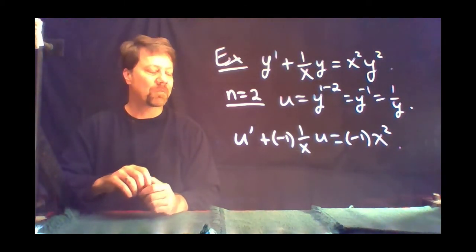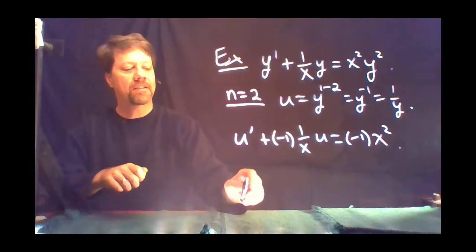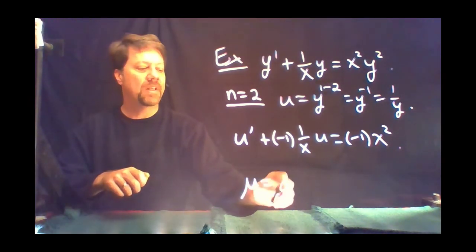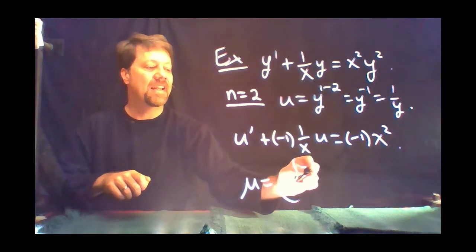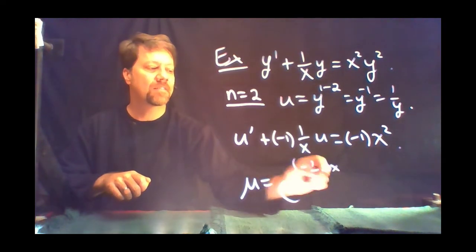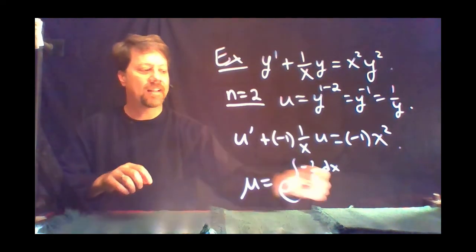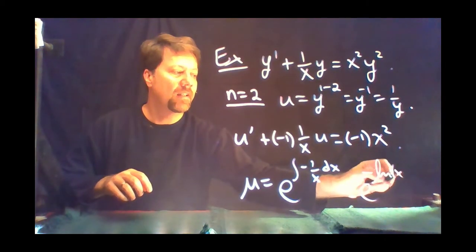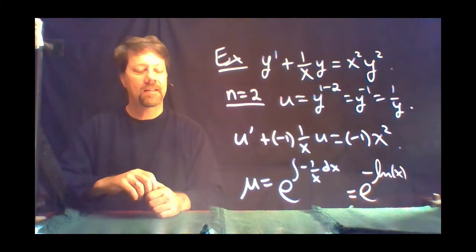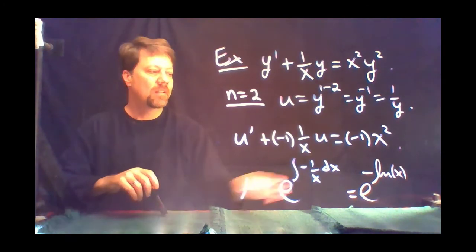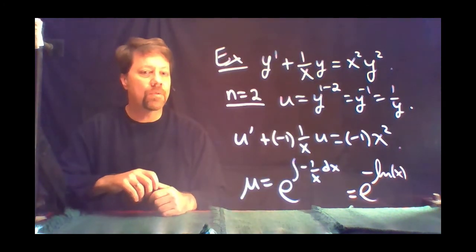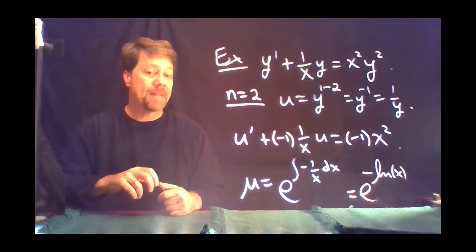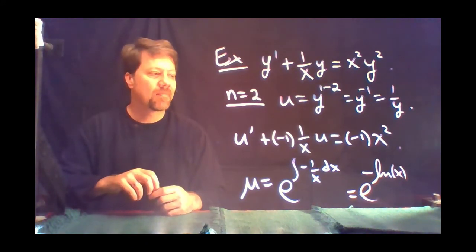a first-order linear problem. To calculate the integrating factor, we do e to the integral of negative 1 over x dx, and that gives us e to the minus ln of x. Now I have to caution you here, I've had a lot of students screw up in simplifying e to the minus ln of x.